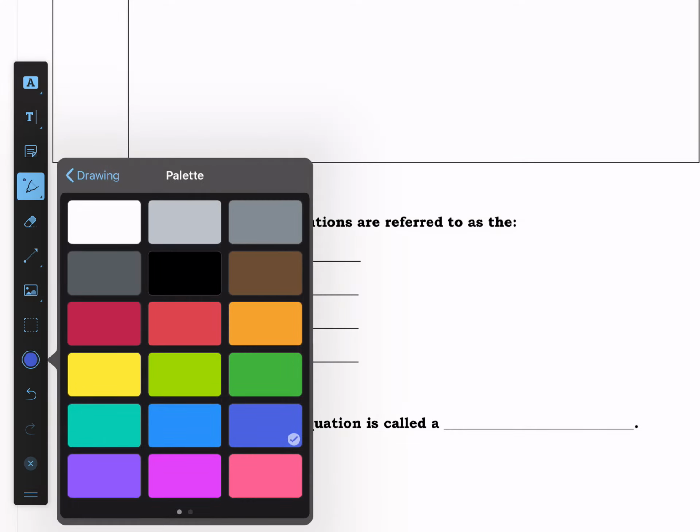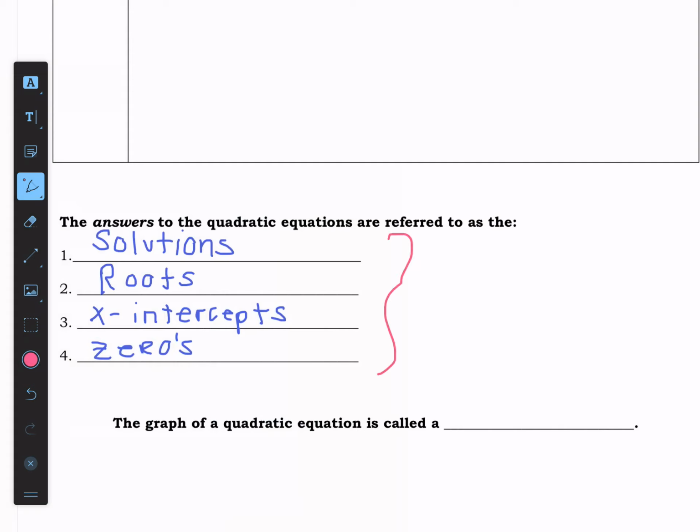They all mean solve for x. It's just that there's multiple ways that you could be asked how to solve for x, and it would be one of these 4 ways. A question could say find the solutions, find the roots, find the x-intercepts, or find the zeros. Just be aware of the wording. All of those mean the exact same thing, what we just did. Okay, now the graph of a quadratic equation is called a, you know this word, parabola.